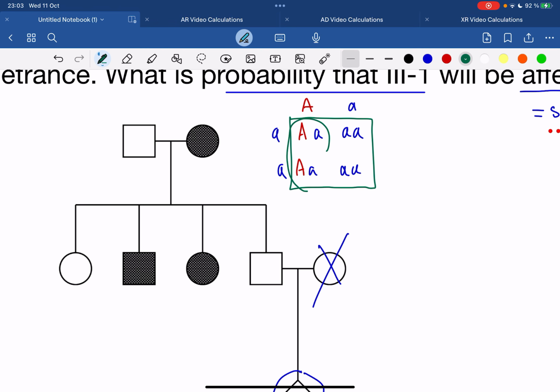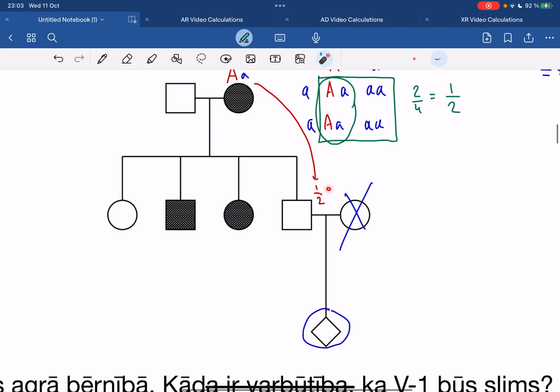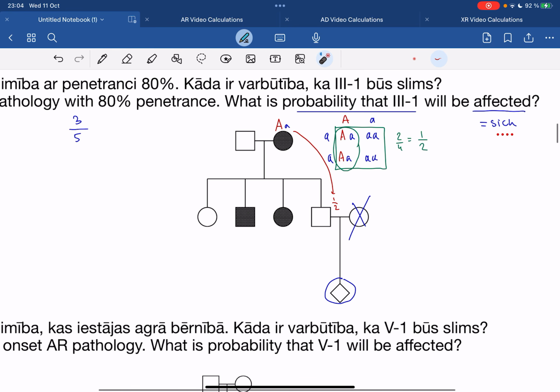Then he has a 2 out of 4, or a 1 in 2 chance of receiving this dominant allele that his mother has. So this guy here, 1 in 2. However, we still have to calculate the chance that he actually got the dominant allele, as well as him being actually healthy. So what is the chance for that?